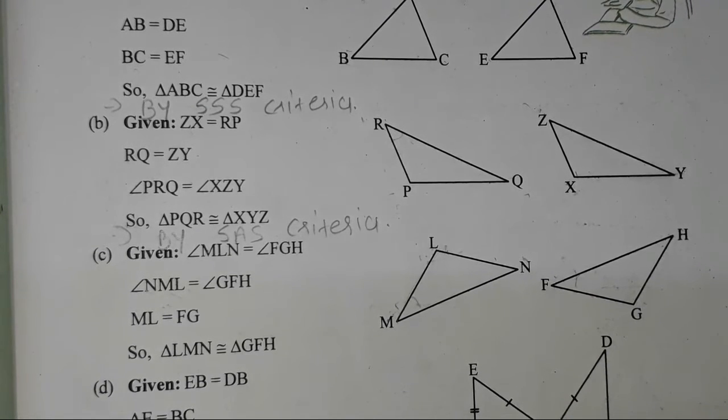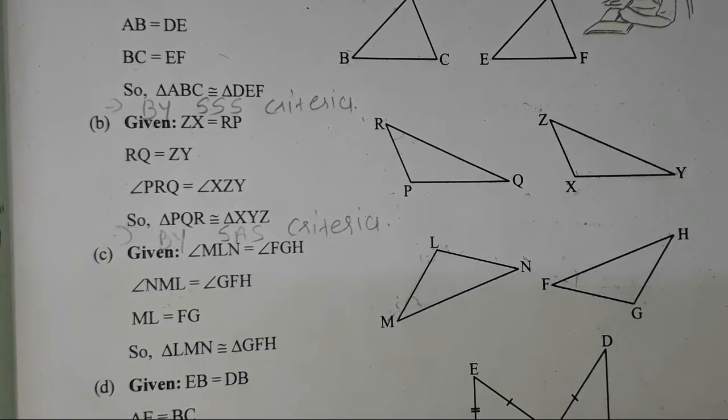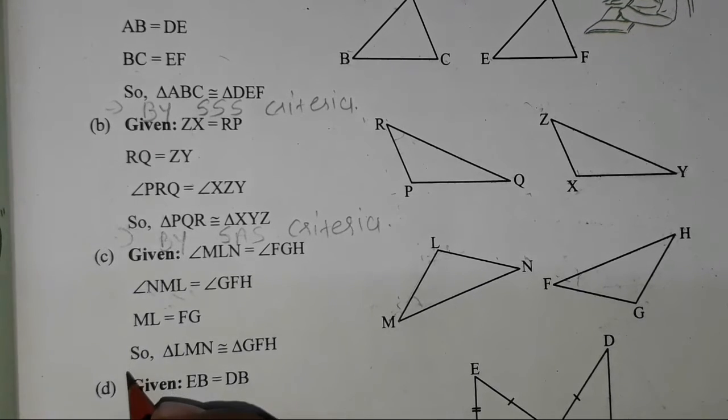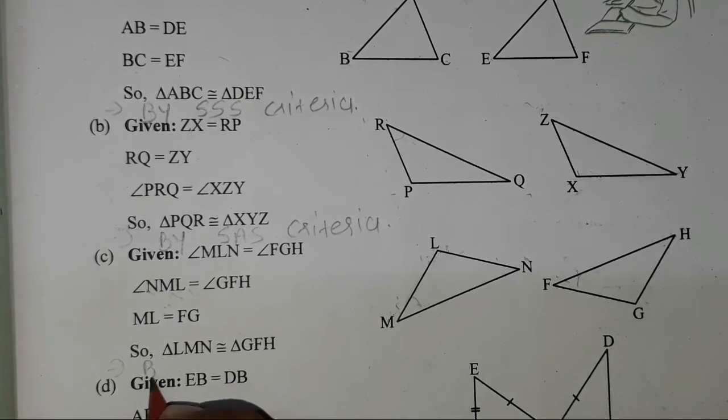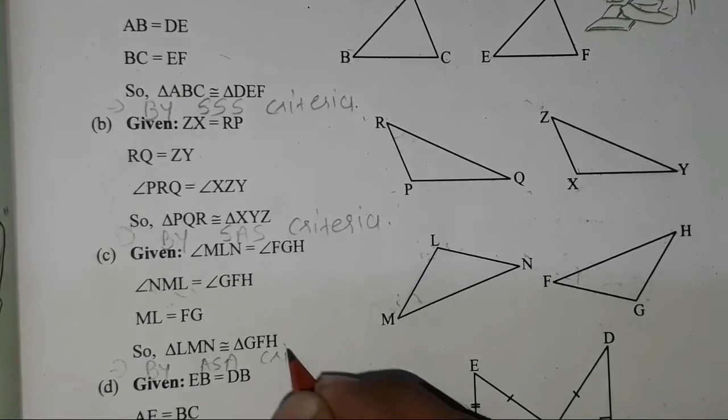So here in both the triangles the measure of these two angles are equal, and similarly the included side between them is equal, then these two figures are congruent. Using which criteria? Using angle side angle criteria. So here I will write by ASA criteria.